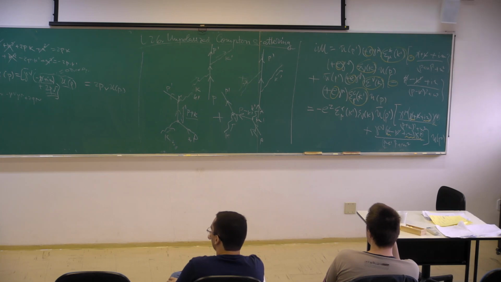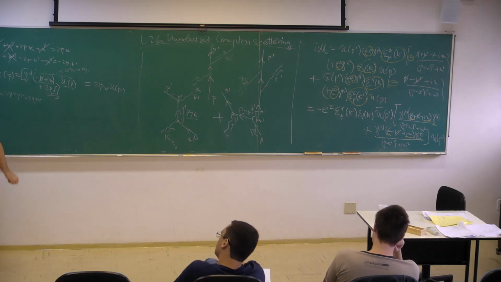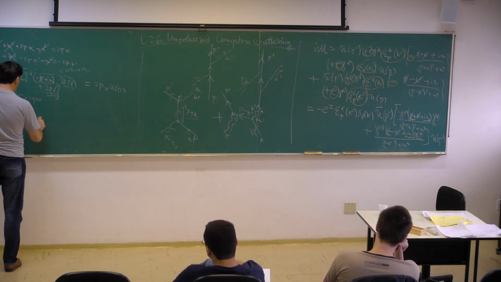All right, so given this, I can write iM as minus the common factors, minus e squared epsilon mu star of k prime epsilon nu of k, u bar of p prime.